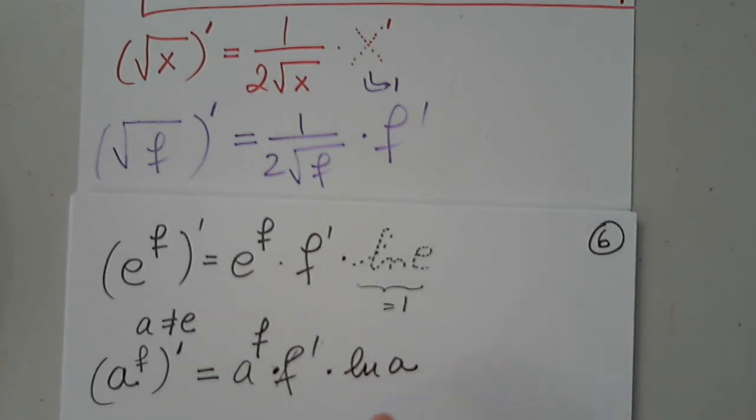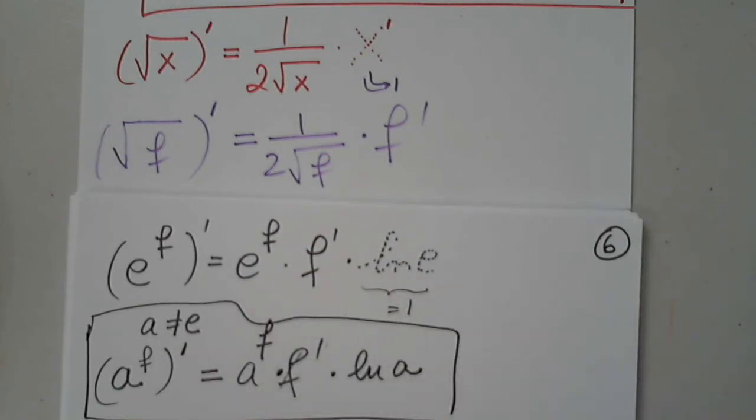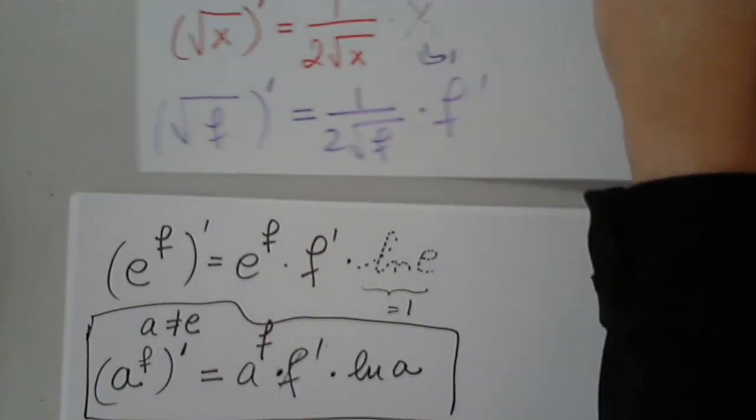That's it. Because ln a is not 1. If it's 1, it's base e, but I don't have base e. So please keep this in mind because we're going to choose another example, and I hope we choose one of these. If not, I will.